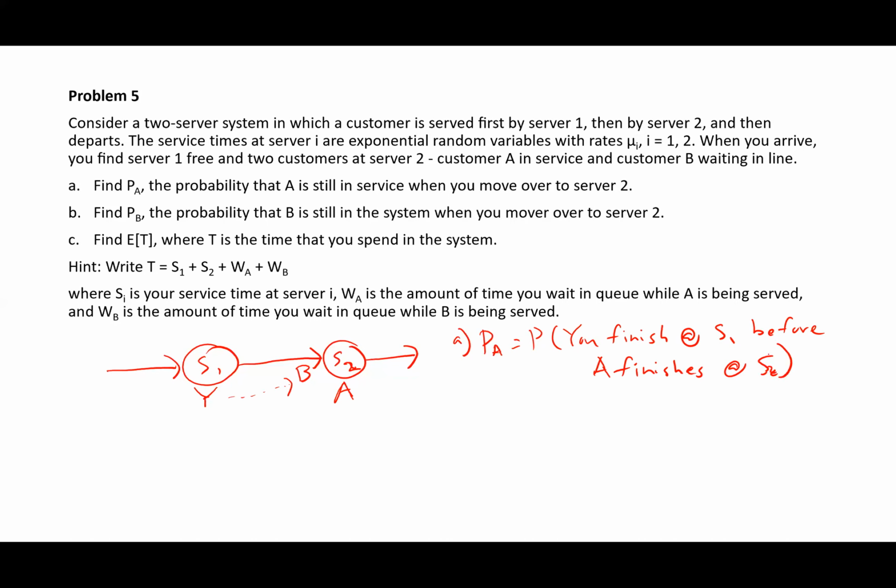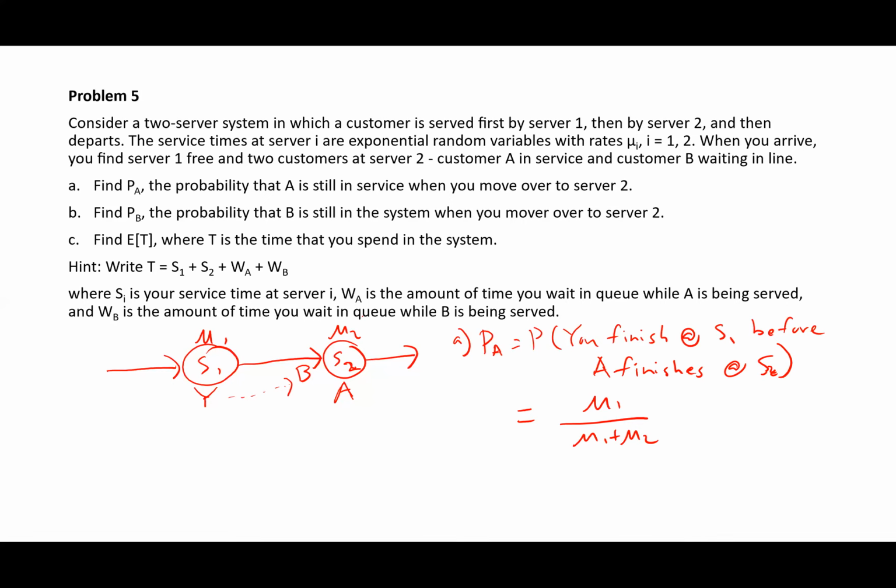So it's just a simple case of getting the minimum of 2 exponential distributions. So this is simply going to be mu1 over mu1 plus mu2, because server 1 has to end before server 2. That's the answer for part A.